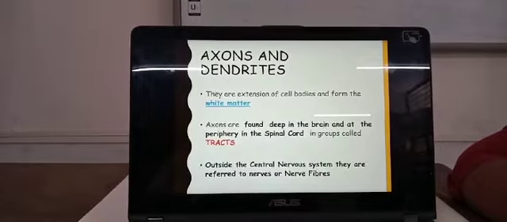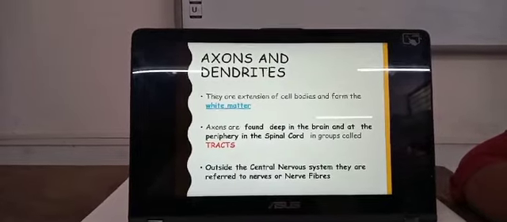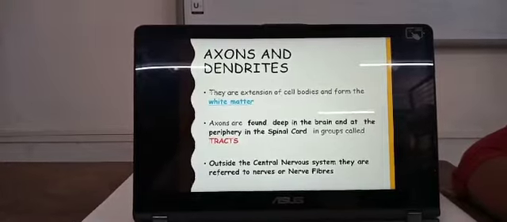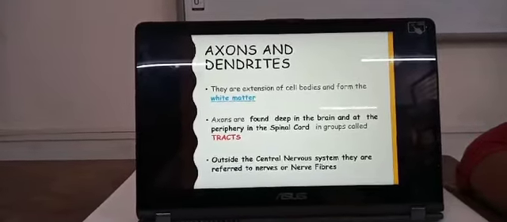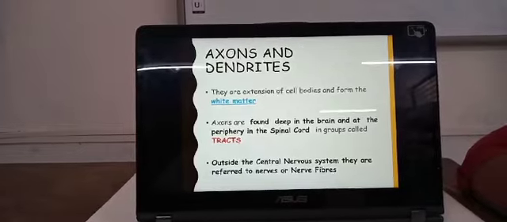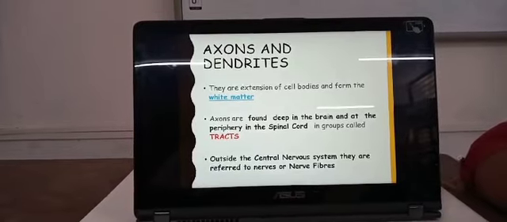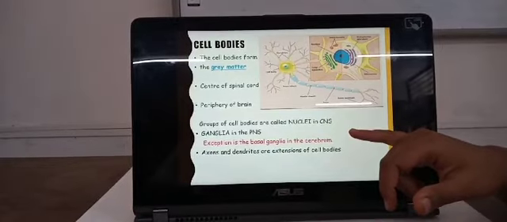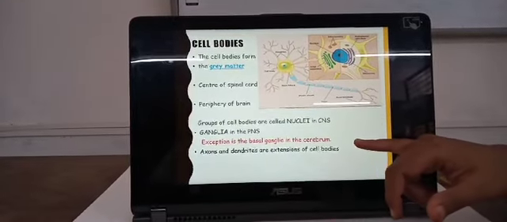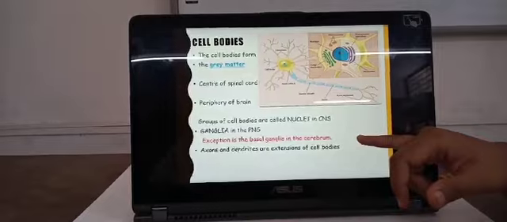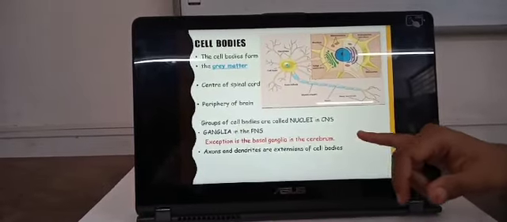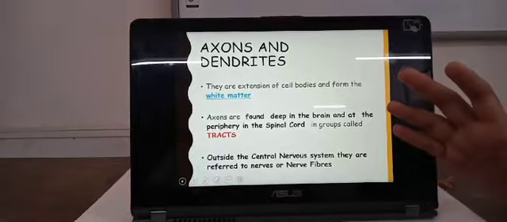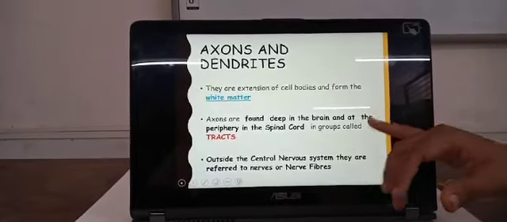The grey matter is also found in the center of the spinal cord. The collection of 2-3 cell bodies, we learnt as nucleus in the brain and ganglia outside the brain. Now we also learned that there is an exception called the basal ganglia, which is seen in the cerebrum. This basal ganglia was an important question of your previous years, so please remember that.